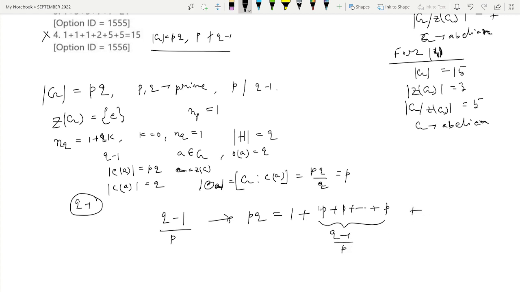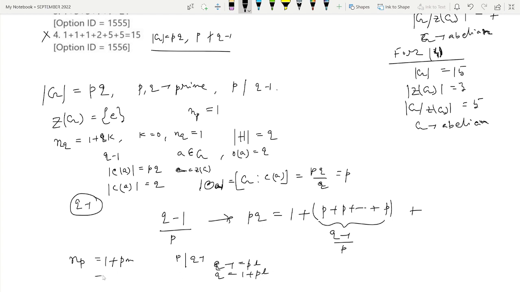And now let me calculate the elements of order P. So if we write NP, the number of Sylow P subgroups, this will be 1 plus P into say M, and since here P divides Q minus 1, so Q minus 1 equals P into say L. So Q equals 1 plus P into L.